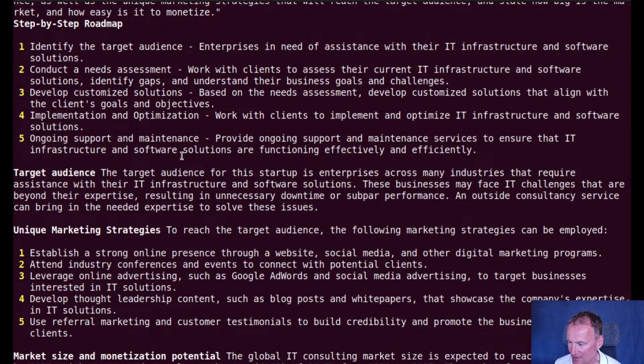I thought it would say something smart like use AI to generate an automated customer support, but it doesn't. Interesting. Work will implement and optimize ongoing support and maintenance.